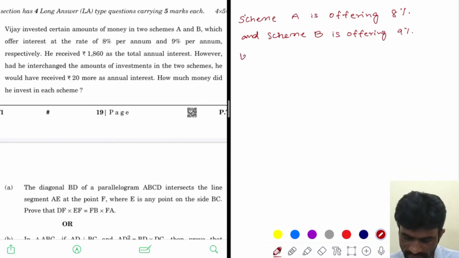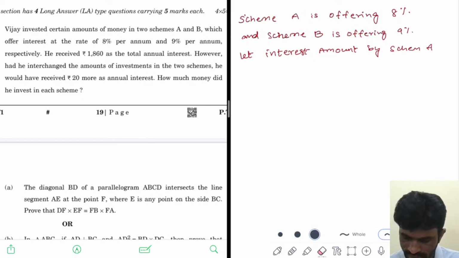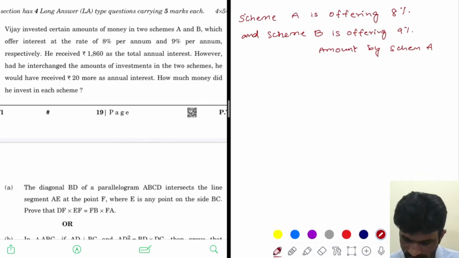Let the amount invested in scheme A be x, not interest amount, it is just amount, and the amount in scheme B be y.